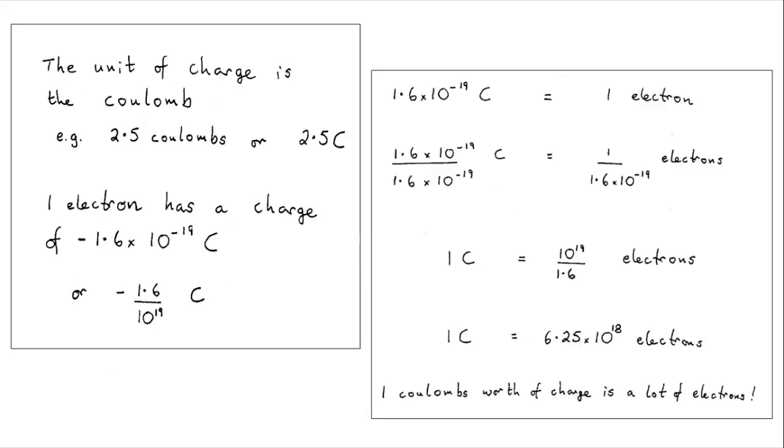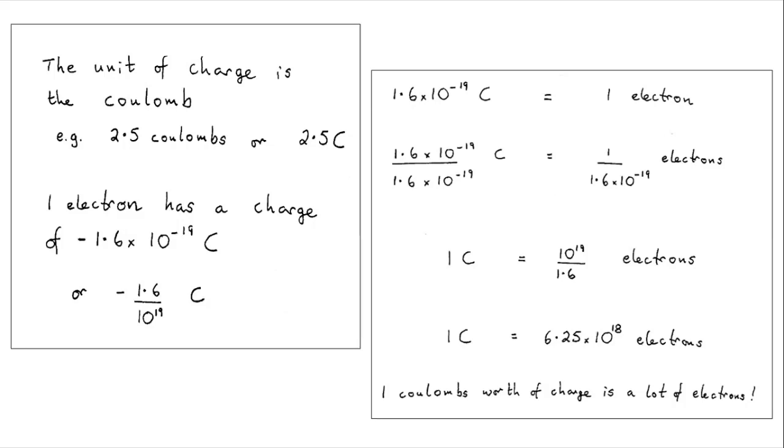Okay, a few definitions. The unit of charge is the coulomb, and I've given an indication, 2.5 coulombs, or the abbreviation 2.5 and a capital C. A single electron has a charge of minus 1.6 times 10 to the minus 19 coulombs. Worth remembering that. So on the right hand side, 1.6 times 10 to the minus 19 coulombs is equivalent to 1 electron.